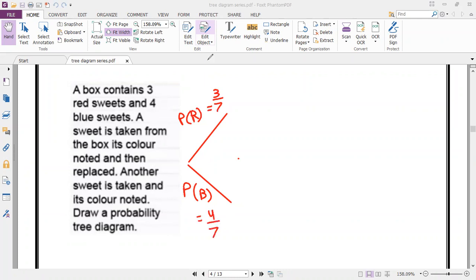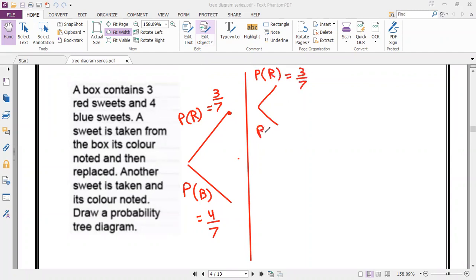The next time, because we have replaced. What is the meaning of replaced? We put it back again. Okay, so after getting the red, we might get red or blue. So what is the probability of the second time? Probability of getting red, in this case, will be what? 3/7.